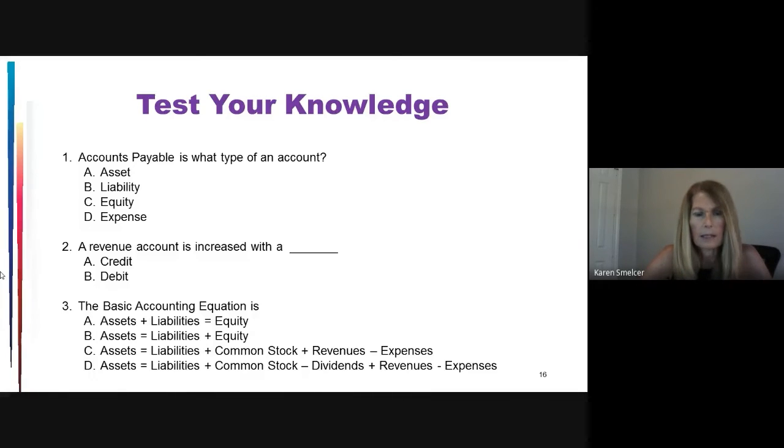Is it an asset, a liability, an equity, or an expense? Okay. The next one, we have a revenue account is increased with a credit or a debit.